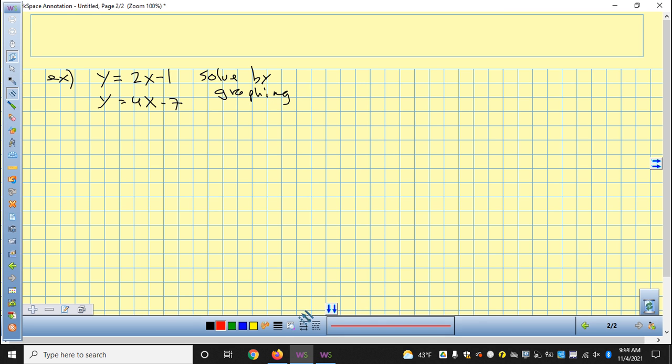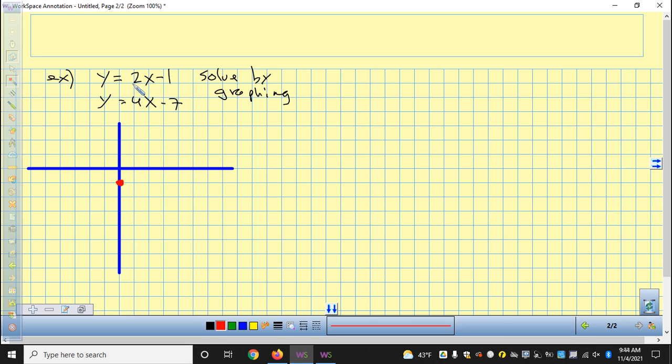So let me draw my axes here, make my line a little thicker. There's my y, and here's my x. All right, so we have our equation in y equals mx plus b form. Remember that the number here is the y-intercept. So I'm going to graph this top equation in red. The y-intercept is -1, and the slope is 2.